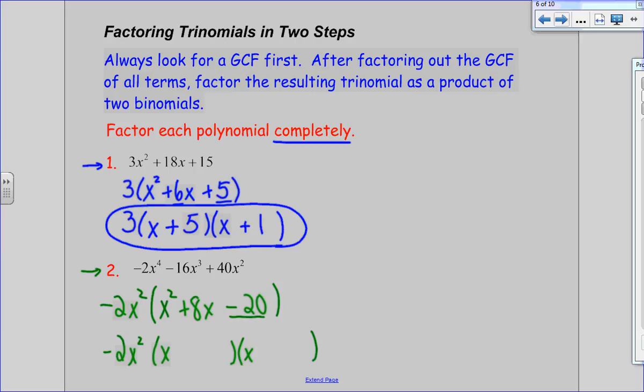And so 4 and 5 or 10 and 2. And 10 and 2 is the likely combination. And let's just make sure we have our signs right. We would want to have a positive 10 and a negative 2 to multiply to give us a negative 20, but add to give us a positive 8. So again, factoring this trinomial took 2 steps to factor it completely.